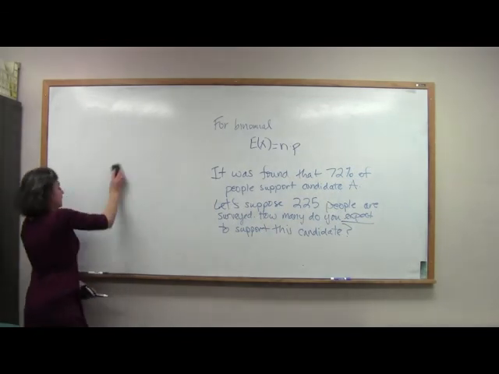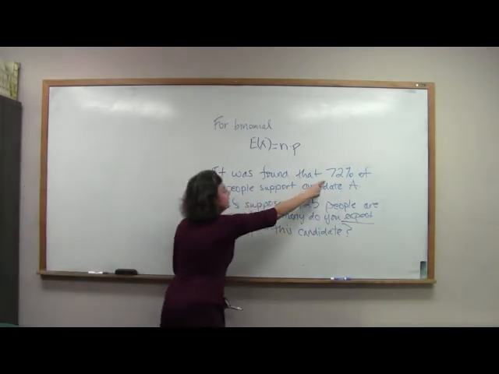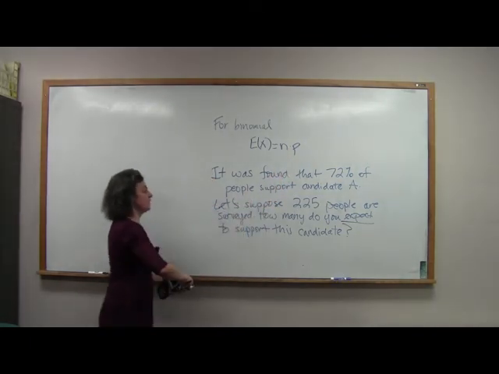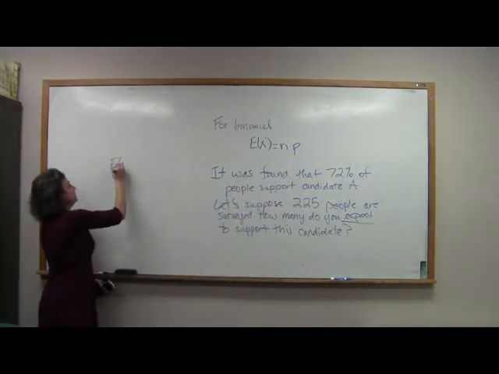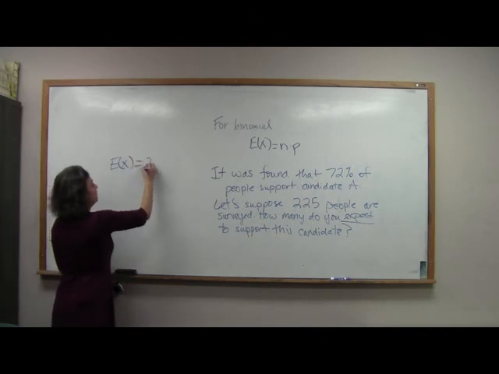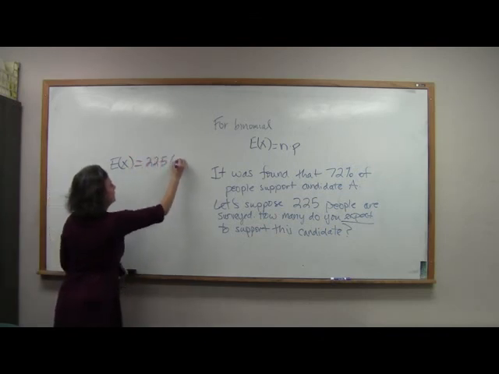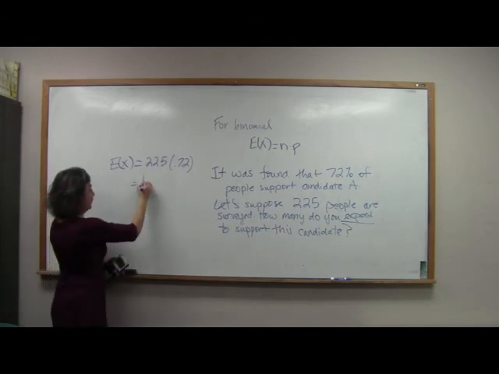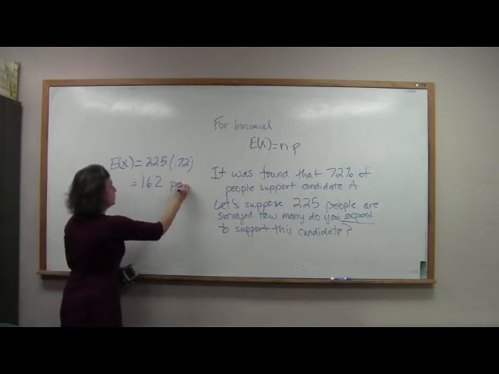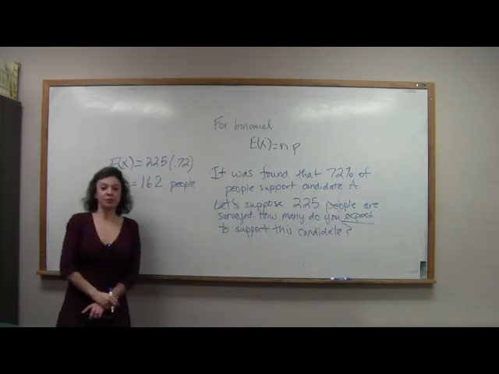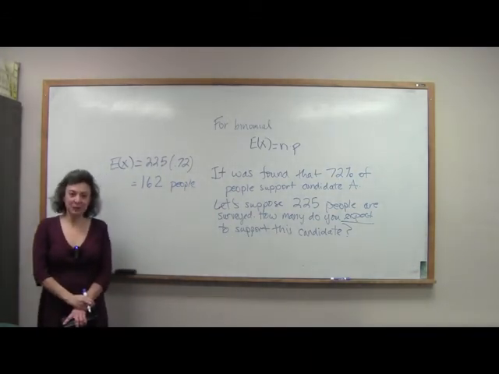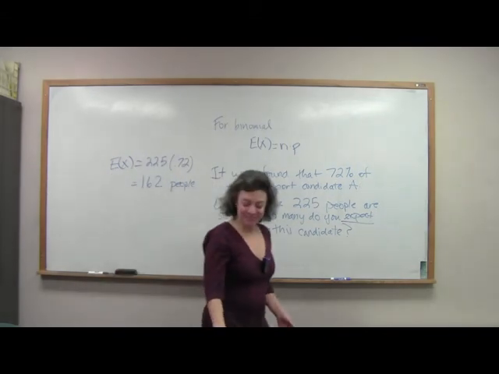So aren't we taking 72%, that's our p-value, times our n-value? Recognizing that, you just take your n times your p, and if you do this computation, we would expect about 162 people to support the candidate. Cool, huh? All right. Thank you.